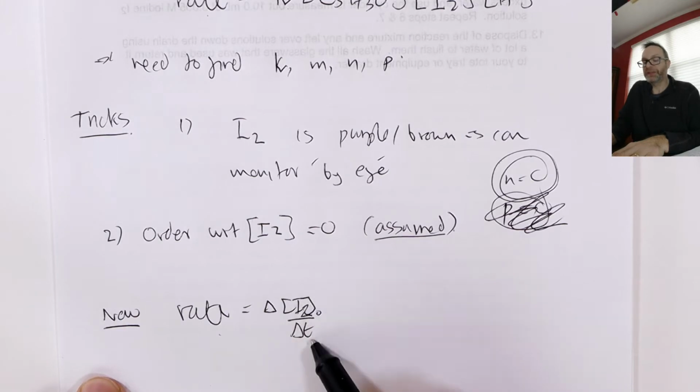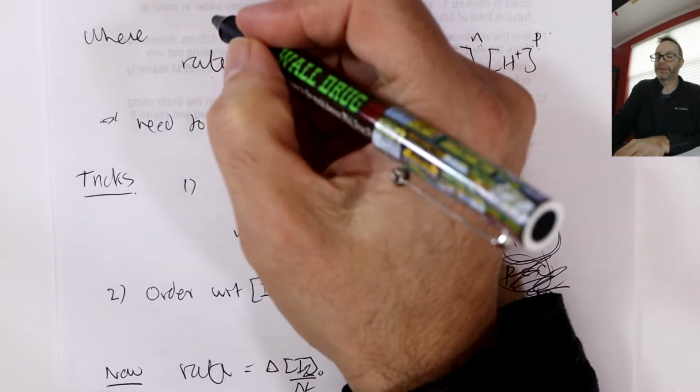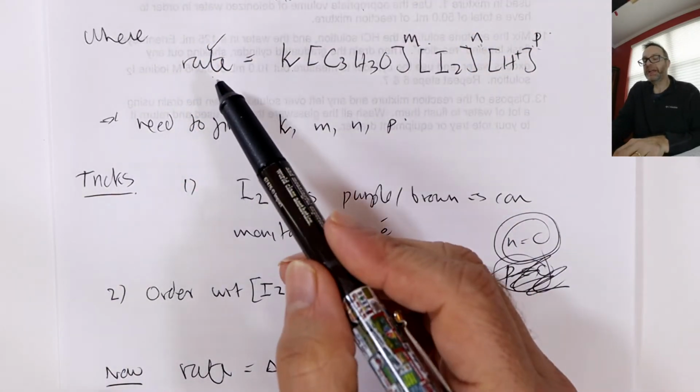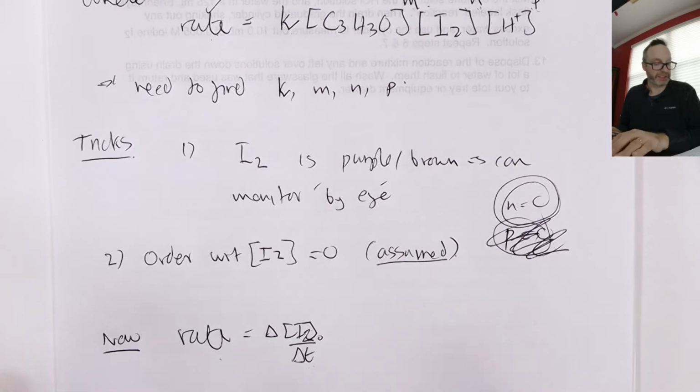How long does it take for the iodine to disappear? And that's going to be, if I go back to my equation up here, this number. That value, which we figure out by counting how long it takes X number of moles per liter to disappear, is a thing we know. So we'll know that from our experimental data. Nice and easy. We'll show you how to set up the tables in a minute, but that's it, right?